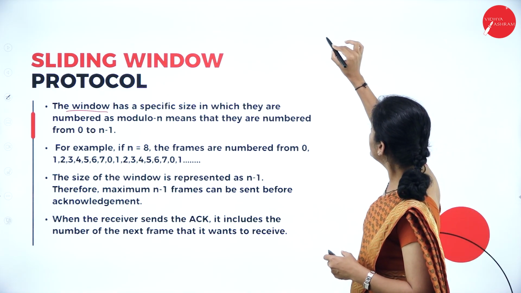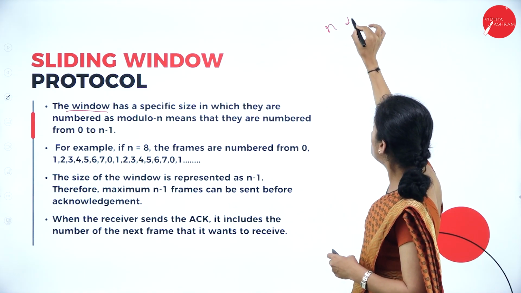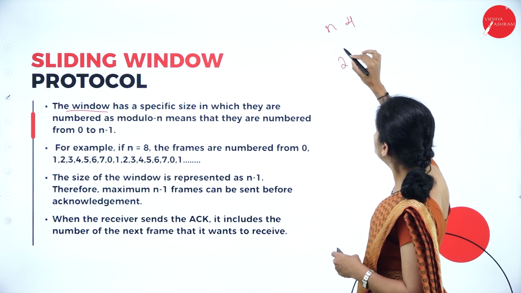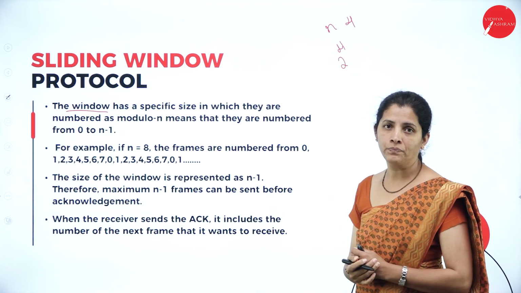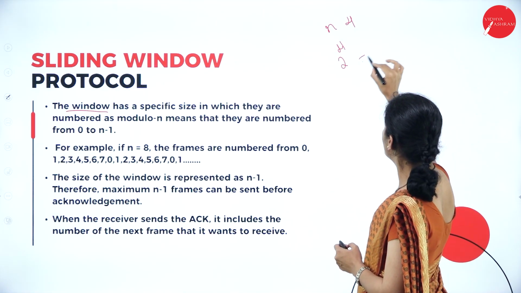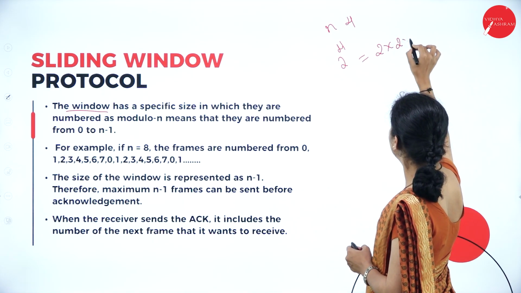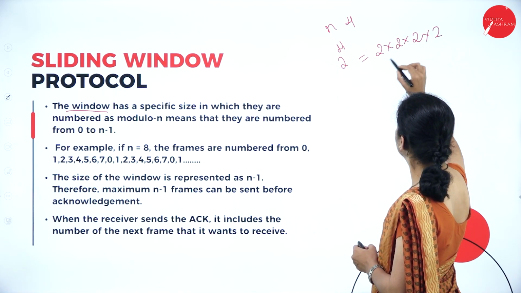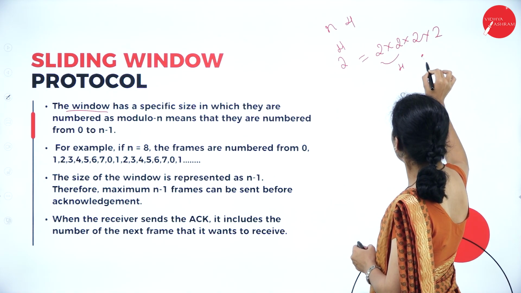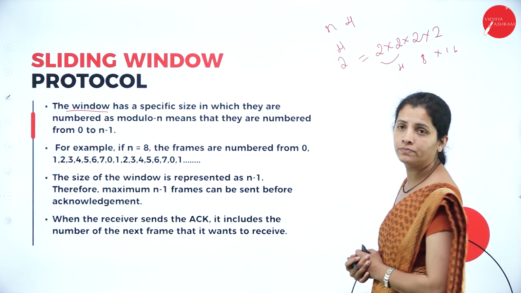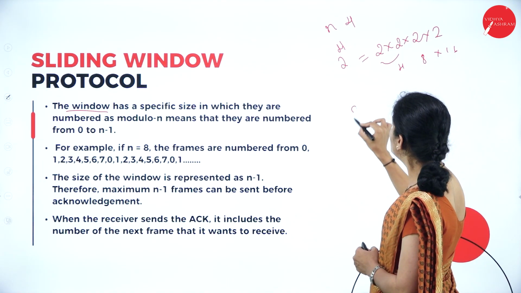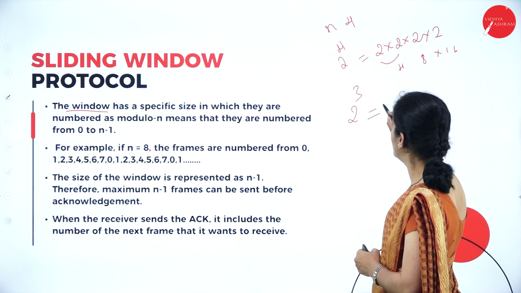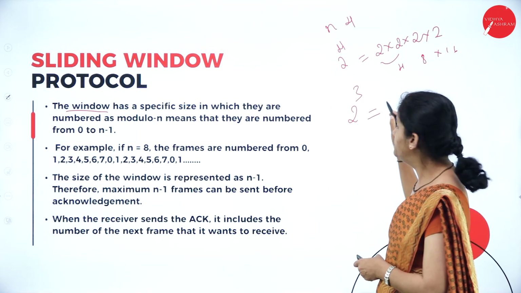So, dear student, if n is 4, then 2 to the power 4 means 2 into 2 into 2 into 2, which is 16; 2 to the power 3 is 8.